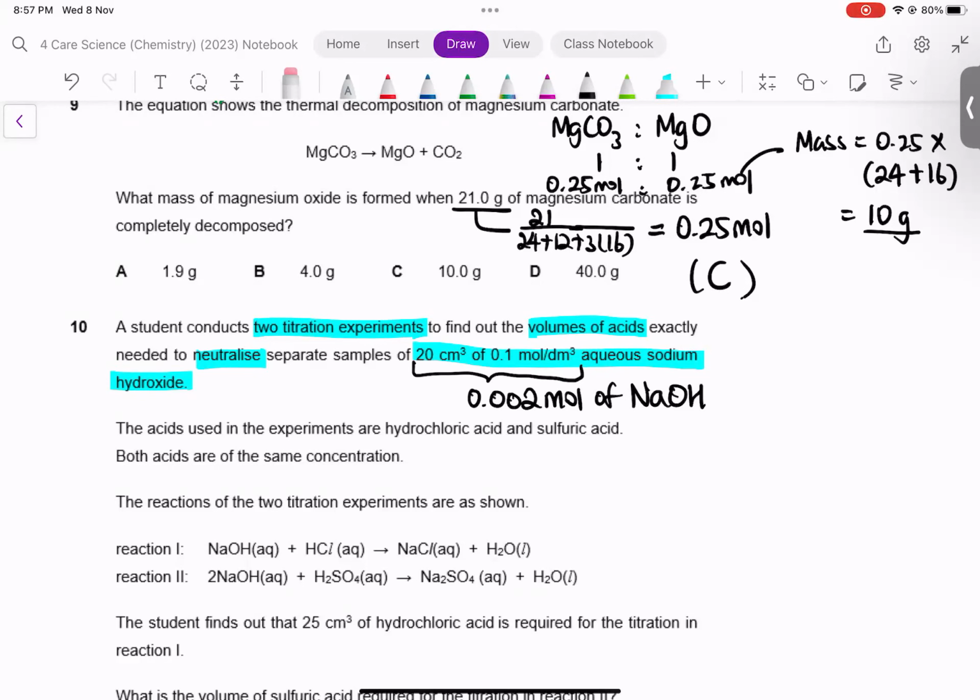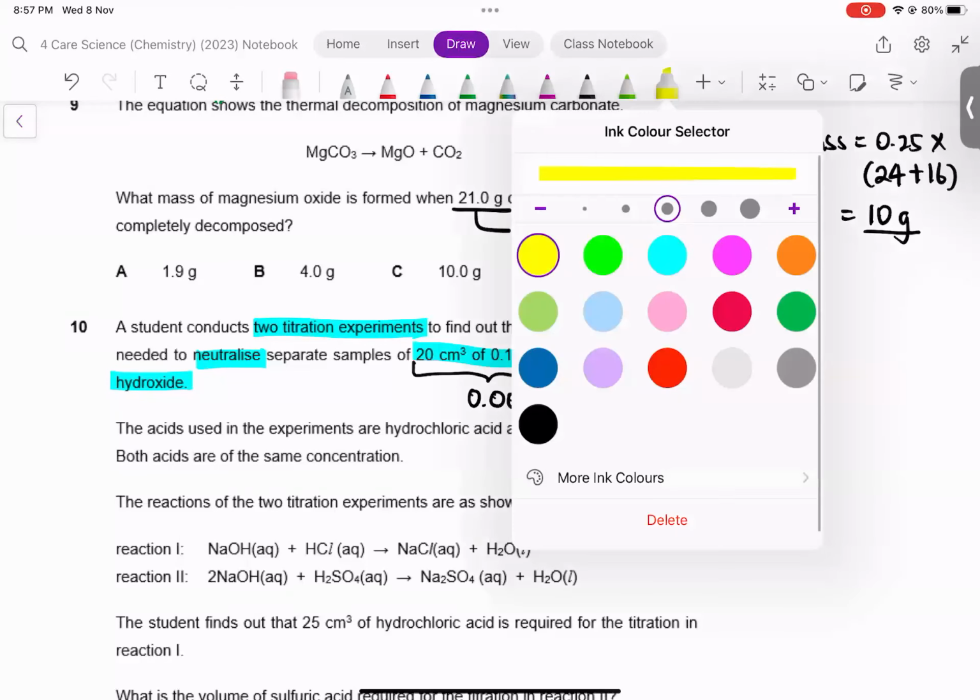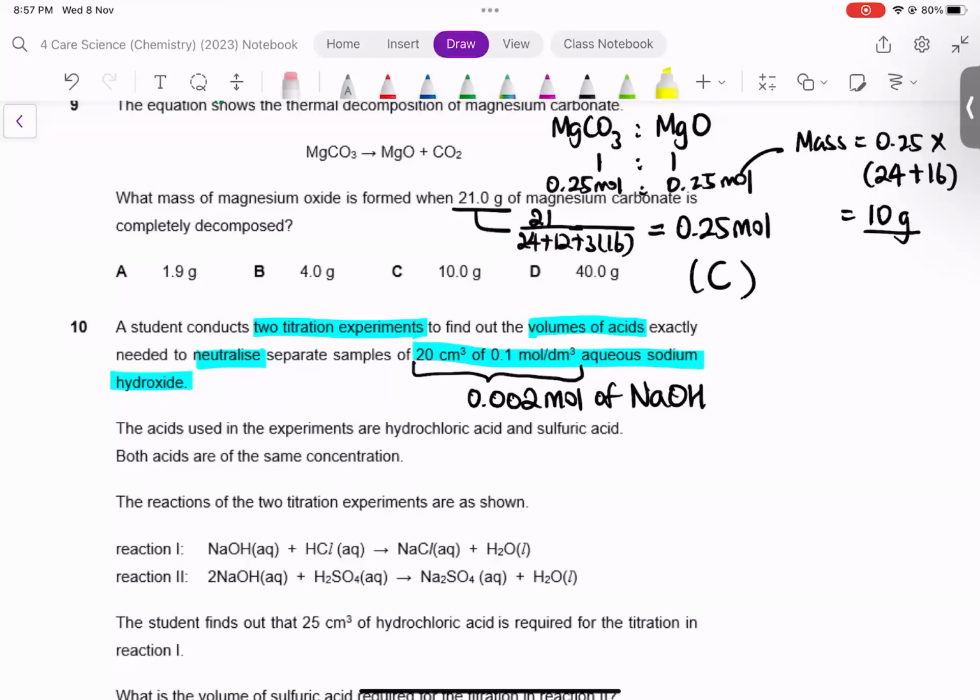All right. The next thing you need to take note of in the next paragraph is that the acids are hydrochloric and sulfuric acid, and both of them have the same concentration. If you miss this out, you will not understand the question. Both the hydrochloric acid and sulfuric acid have the same concentration.